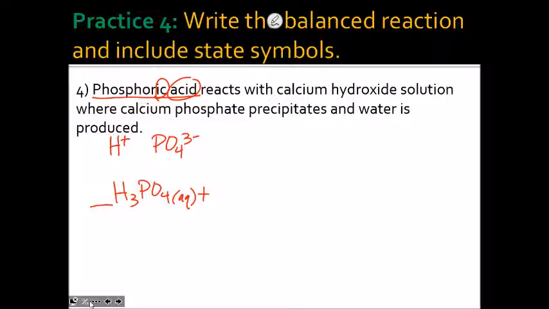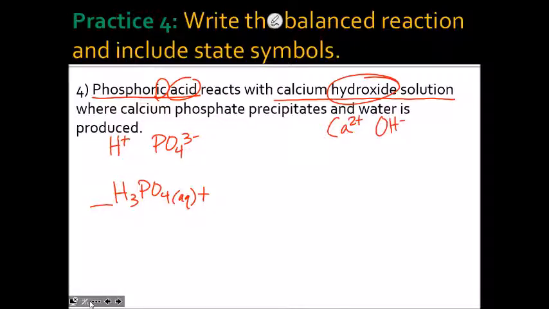Next part, calcium hydroxide solution. Here's calcium. What is the charge on calcium? Calcium is +2. Good. It's an alkaline earth metal. Now we have to figure out what hydroxide is. It's one of those polyatomic ions. Correct. OH negative.